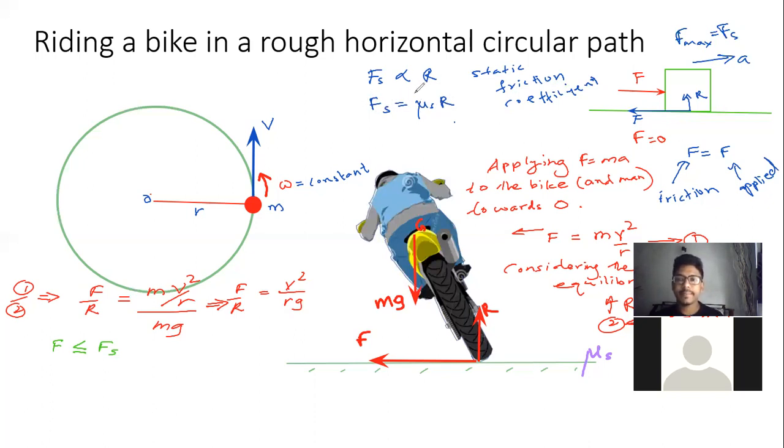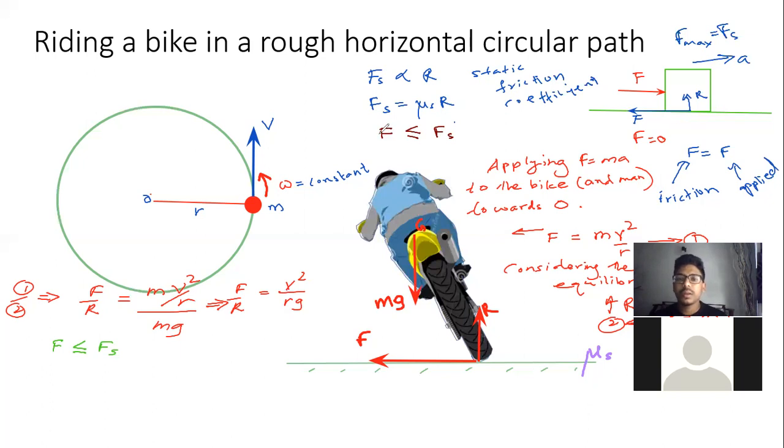Yeah. Okay, so now we can say that the friction force f is always less than or equal to Fs, because Fs is the maximum value that friction can have.